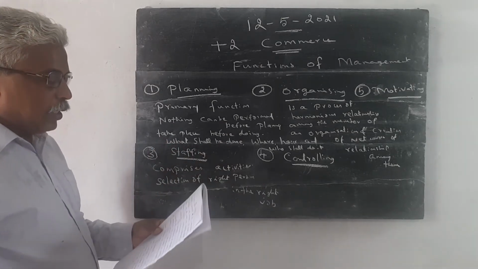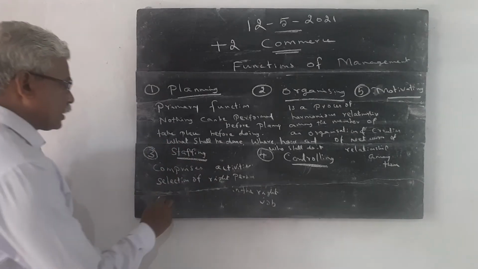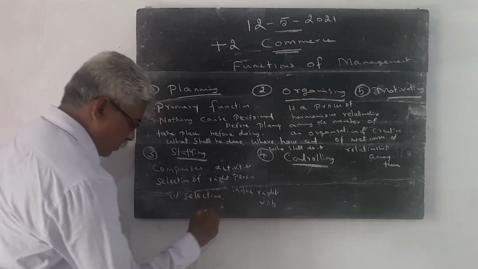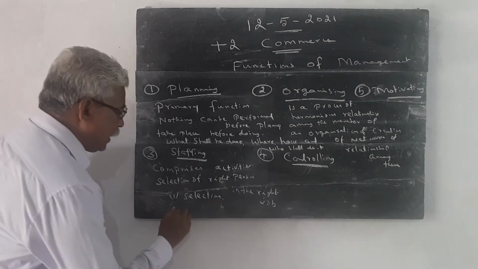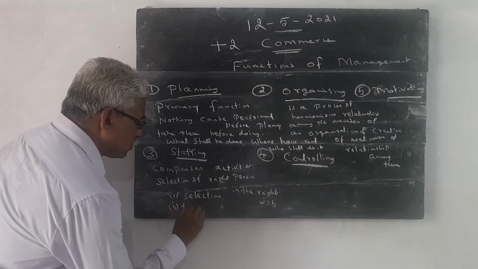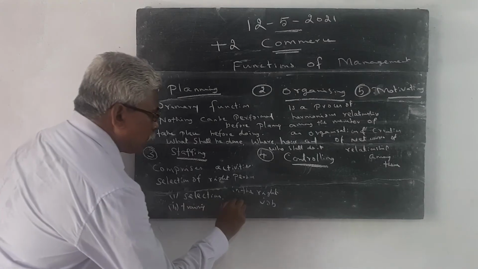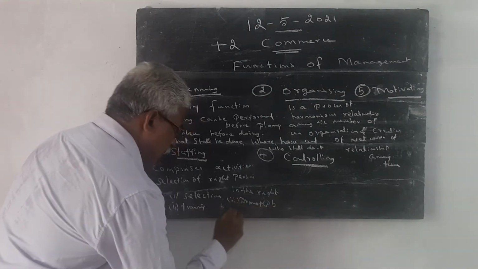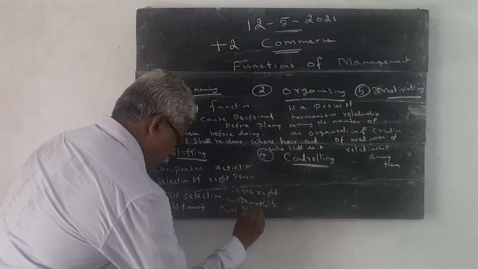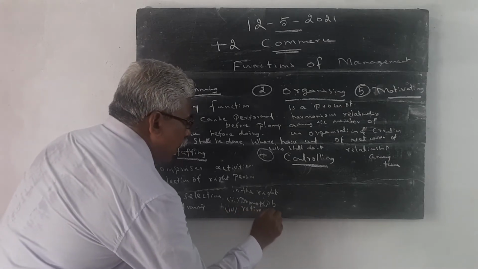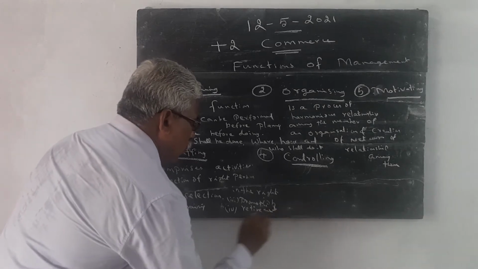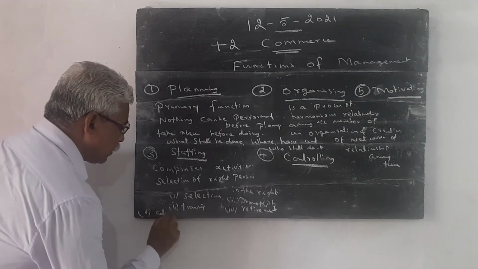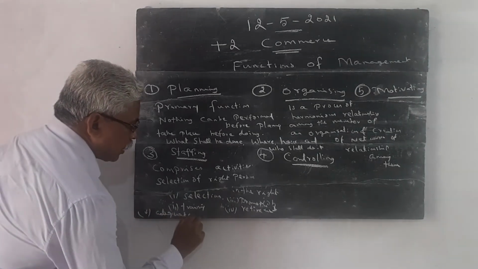So staffing includes selection and training. Number 3, promotion. Number 4, retirement. And number 5, adequate remuneration.